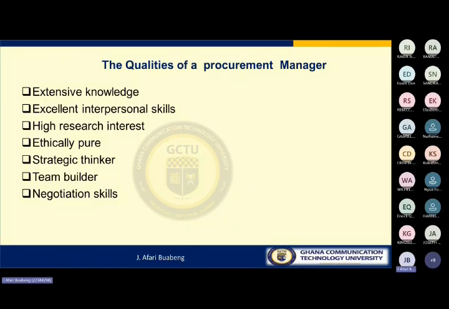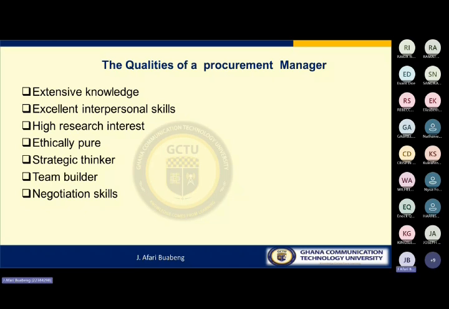And then high research interest. As a procurement officer or manager or director, whoever, you need to have that high research interest, because we do market research, we analyze, and you can only do the best if you have that interest. You don't have to be an armchair procurement person.